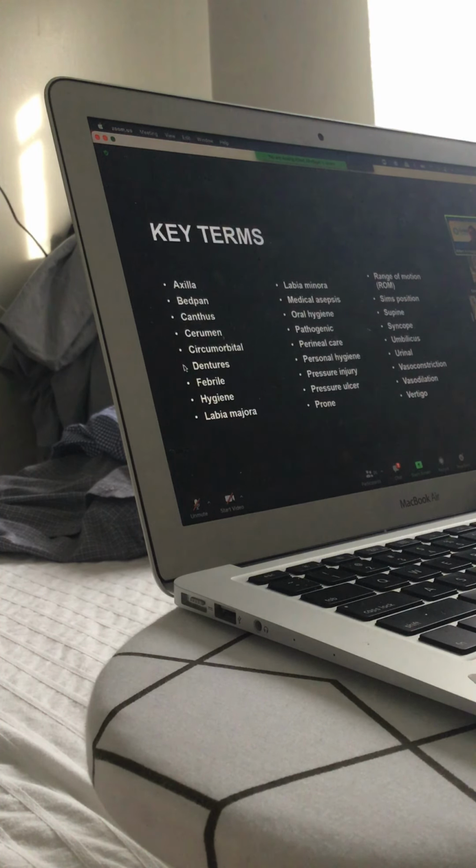Pathogenic is something that can cause a disease. So a pathogenic strain of bacteria can cause a problem to the patient. There are bacteria that are considered non-pathogenic, meaning you can inhale them and not get sick.